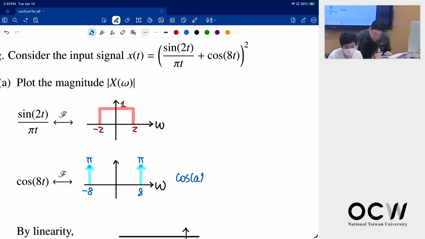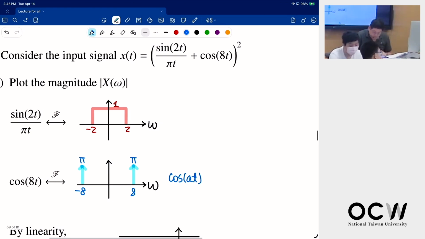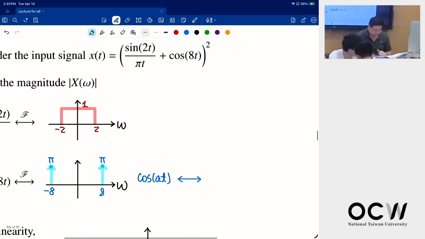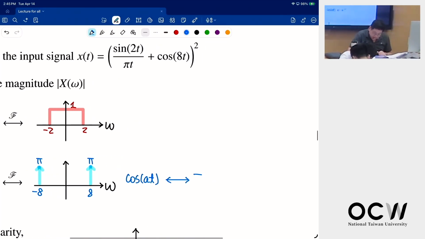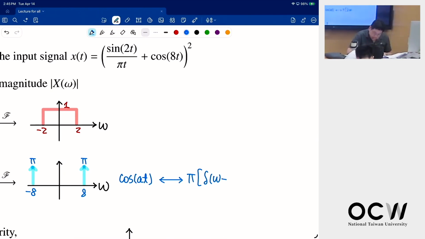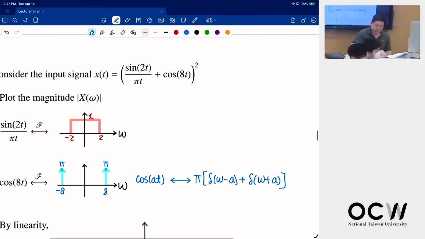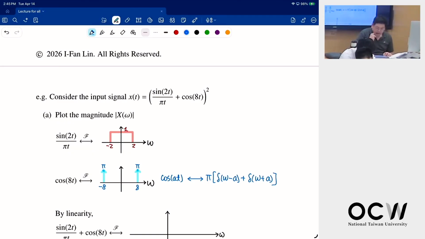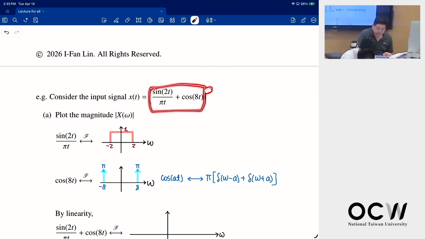If I do the Fourier transform, I will shift to the right and shift to the left. So pi times delta function. I shift to the right and shift to the left. So I have two signals added together by linearity. I can add this together.